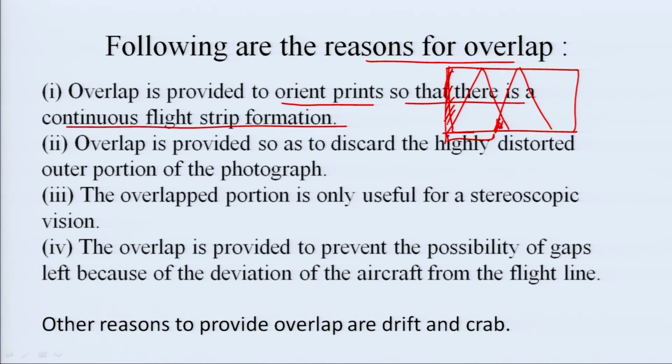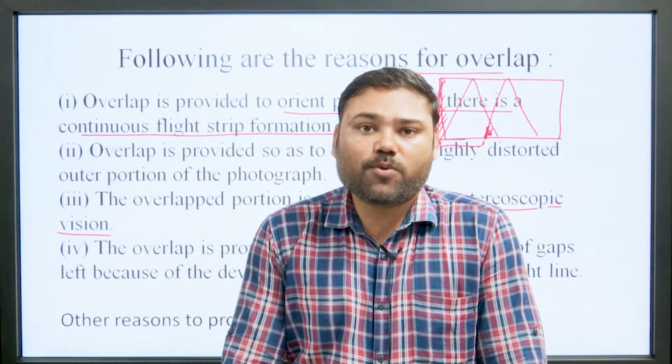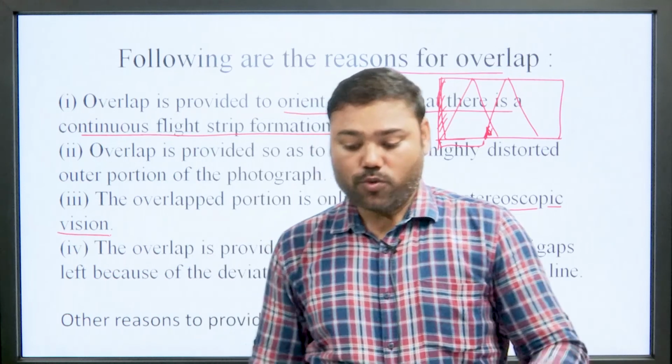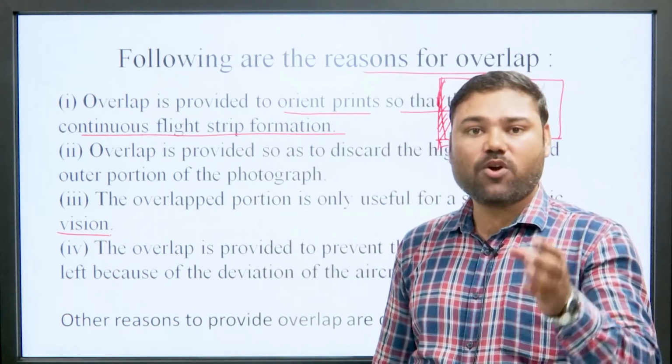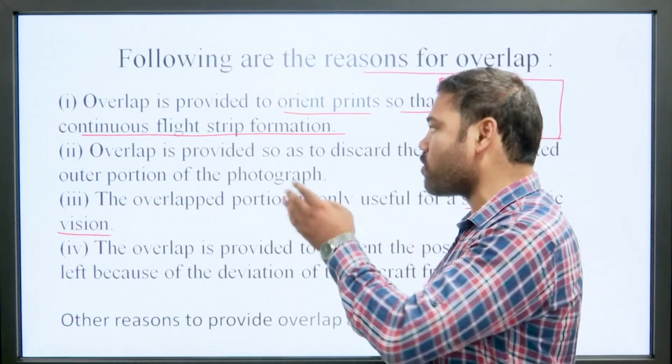Overlap portion is also used for stereoscopic vision. So, what is stereoscopic vision? We will discuss this in our next lecture. The overlap is also provided to prevent the possibility of gaps left because of deviation of the aircraft from the flight line.